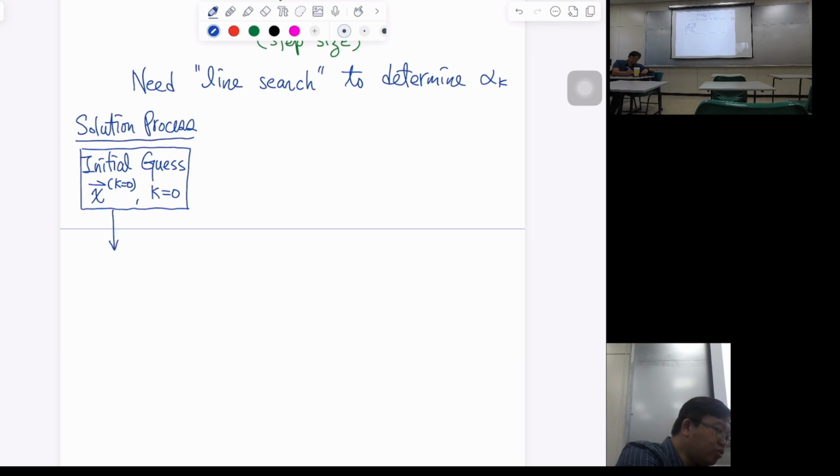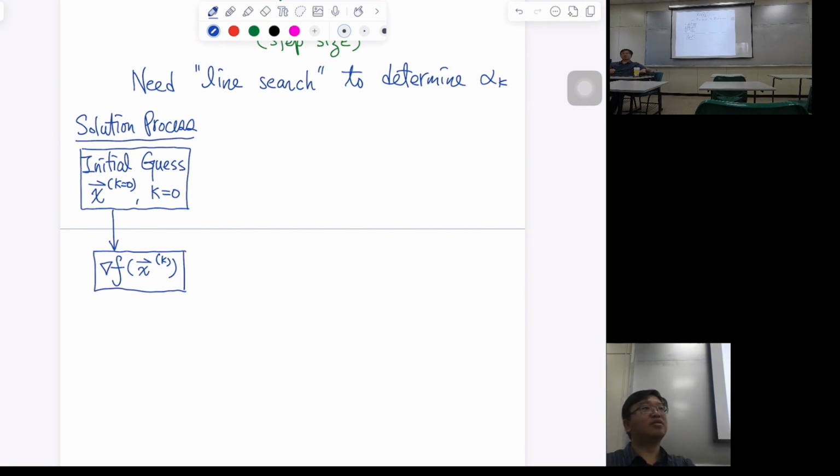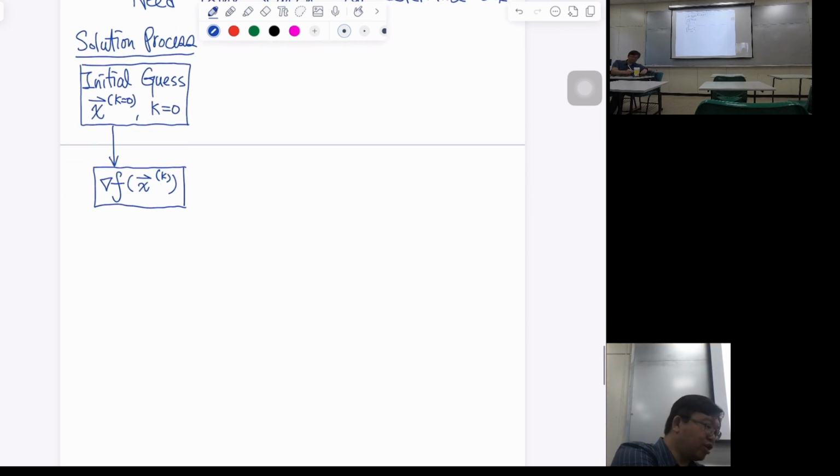Next, we will compute the gradient at the kth iteration. Then we will formulate the following equation: x^(k+1) equals x^(k) minus alpha k times the gradient.